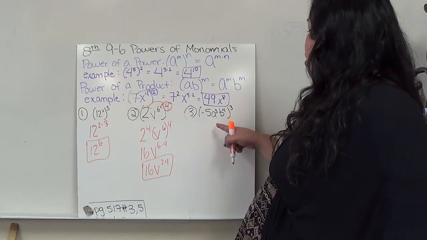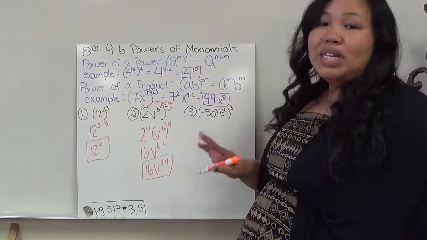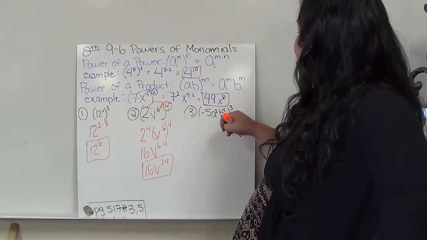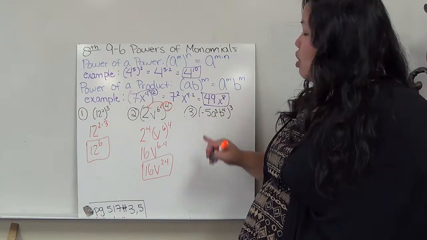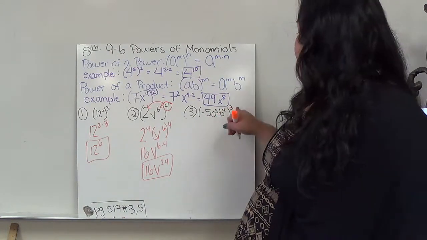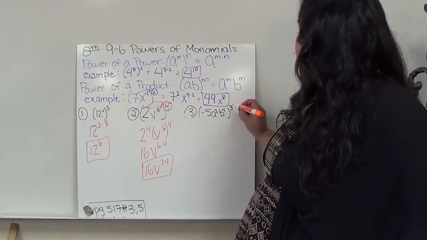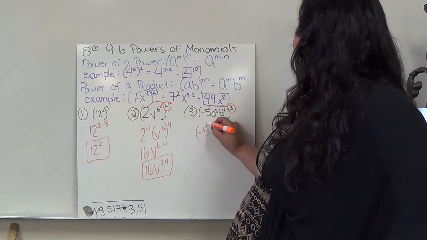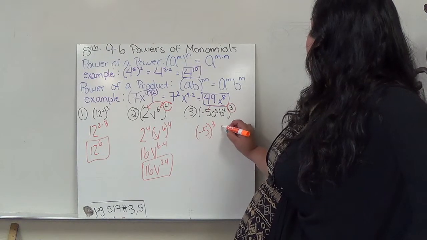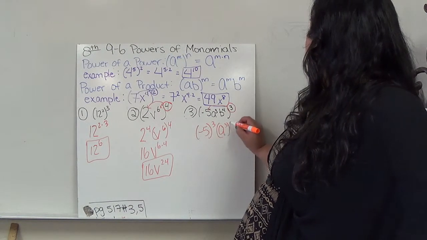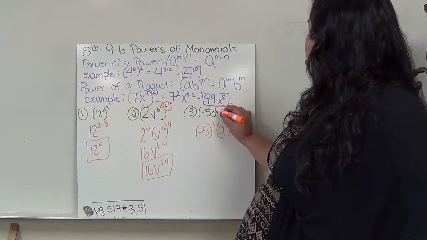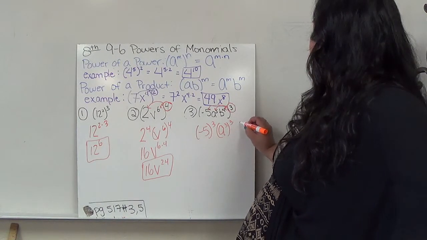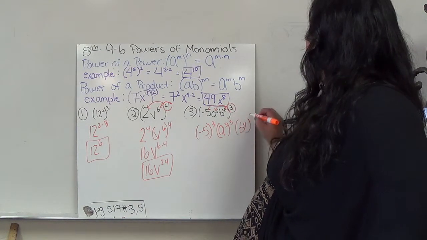The next one is a little bit more complicated, but it's the same concept. I'm going to take this 3 and I'm going to distribute it. So this 3 will go to my -5 cubed, and then it'll go to a cubed to the power of 3, and then to b to the 4th to the power of 3.